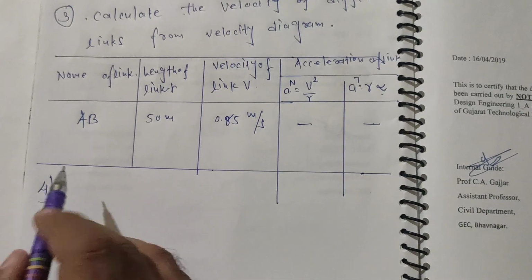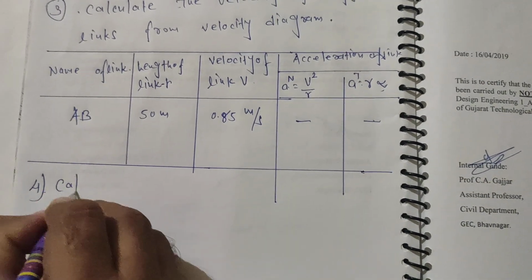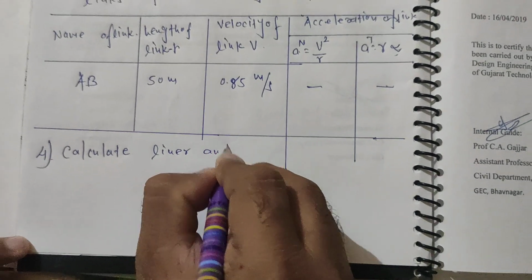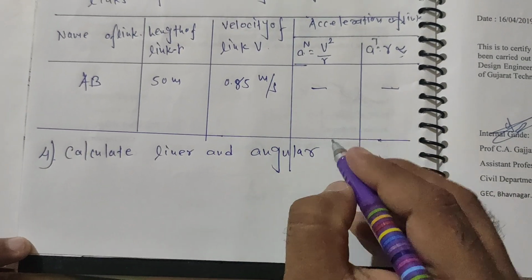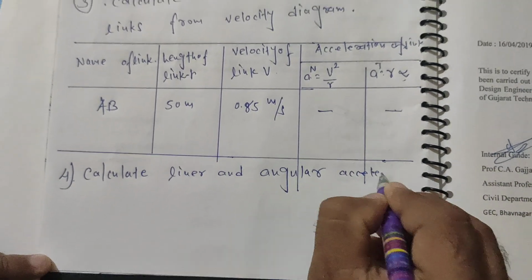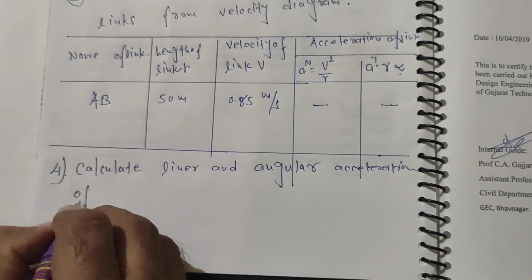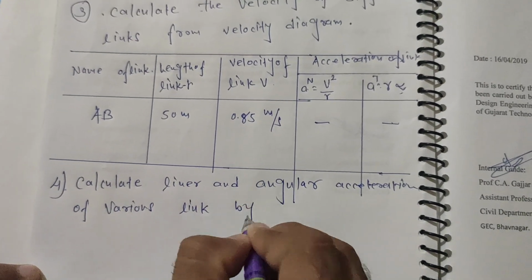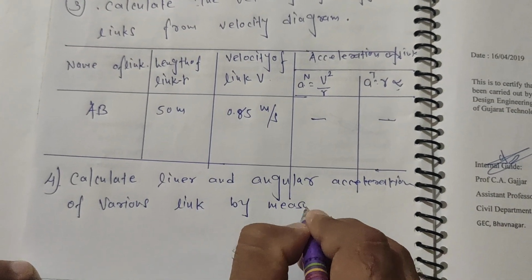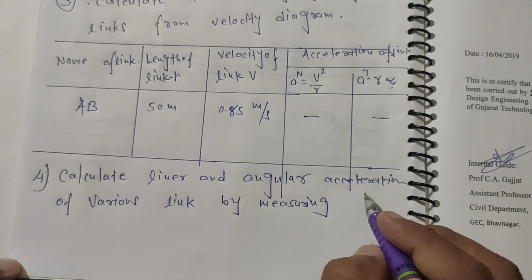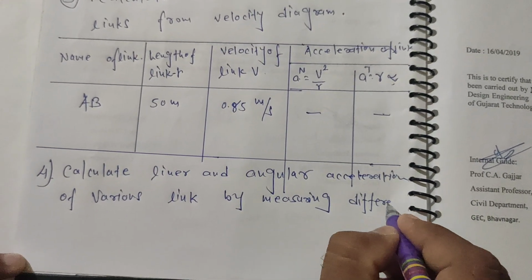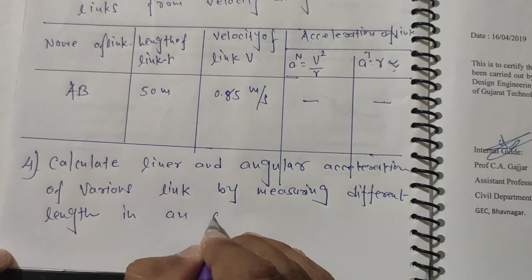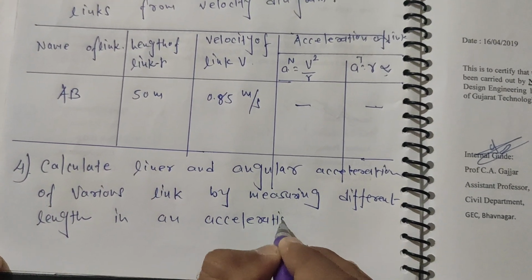Okay, now after this, the last point that we can say: calculate linear and angular accelerations of various links by measuring different lengths in an acceleration diagram.